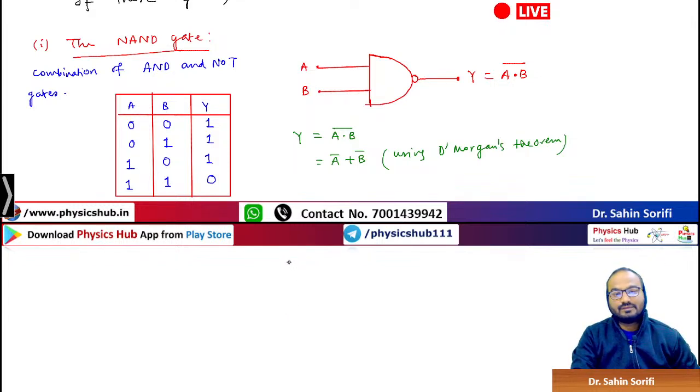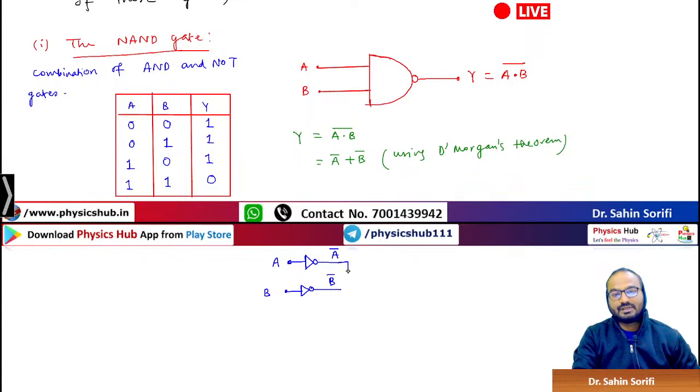Let us say you have an input A. If you take the NOT operation of this, it becomes A complement. We have B, you take the NOT operation, this is called bubbling, and it becomes B complement.